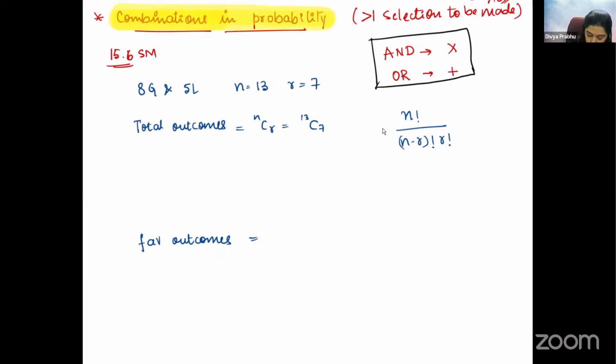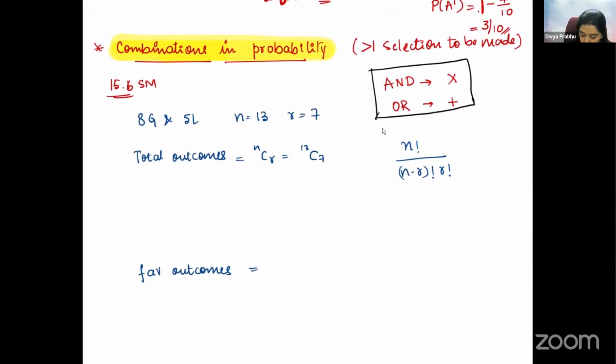Now, combinations in probability. Before understanding the question, we first have to understand when we use combinations in the probability chapter. How do we know that out of all these questions, this particular question is from probability, and how do we identify whether to apply combinations in this question or not? For that, always remember, whenever there is more than one selection to be made, that is when we apply the combination concept.